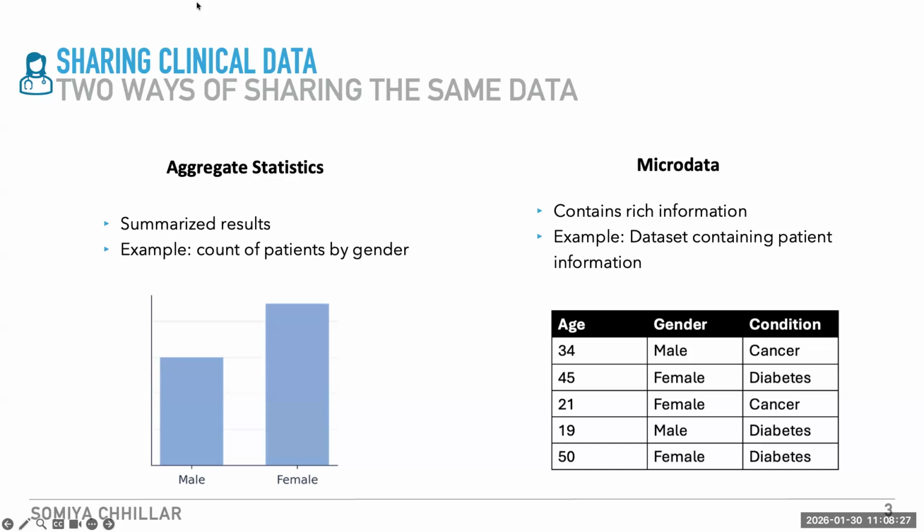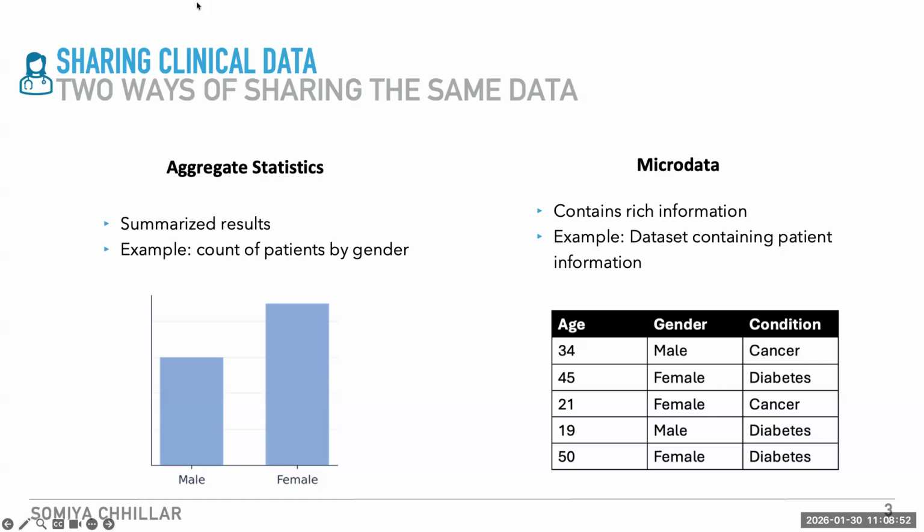So when we think about sharing this medical data, there are generally two ways of doing it. One is aggregate statistics, which is shown on the left. An example of that would be to give the number of male and female patients in a hospital. And the other one is microdata release, which would be much richer information.